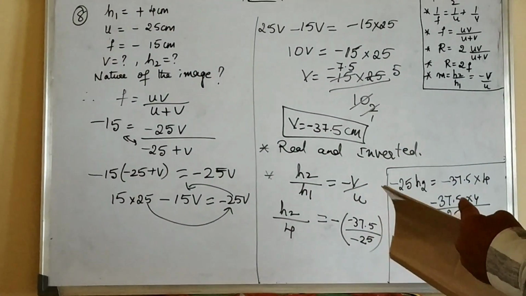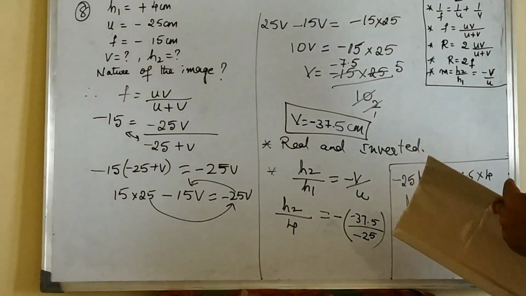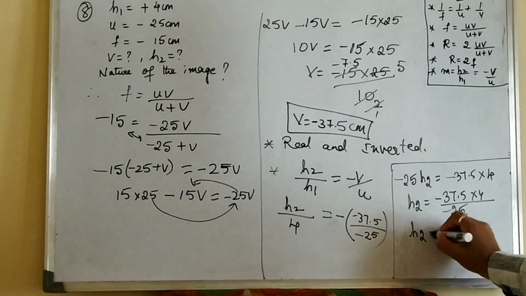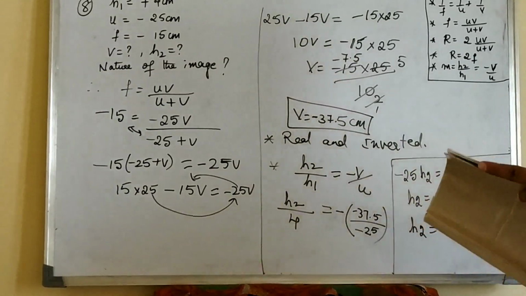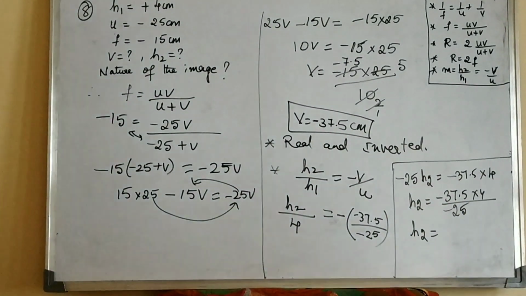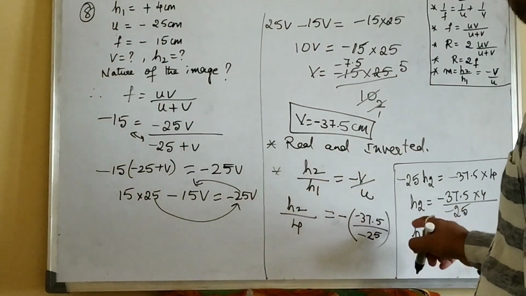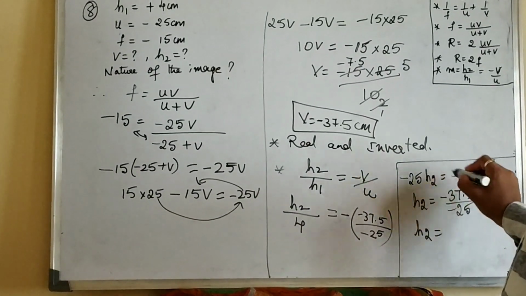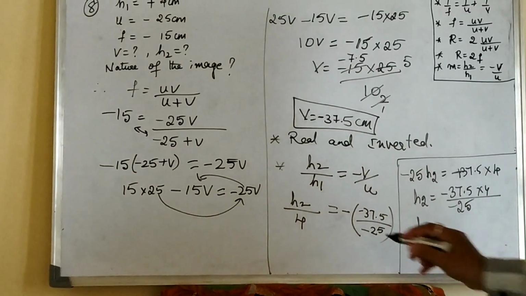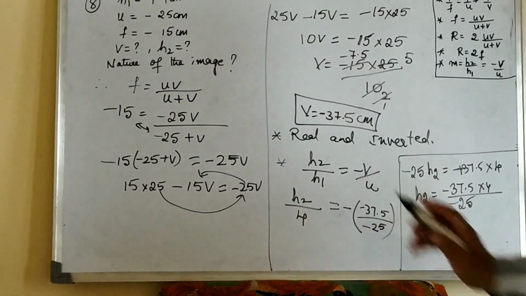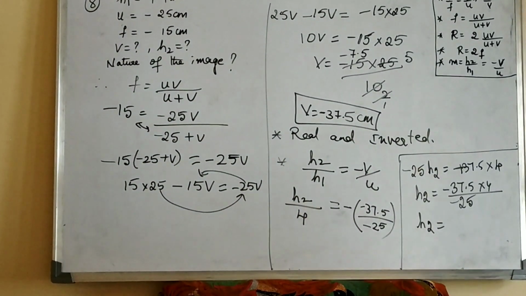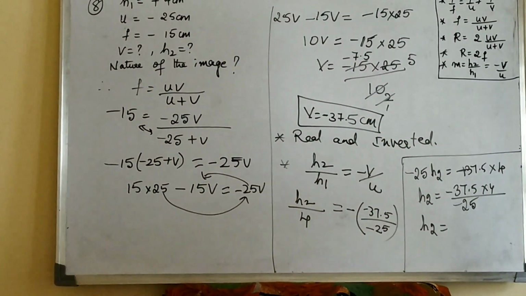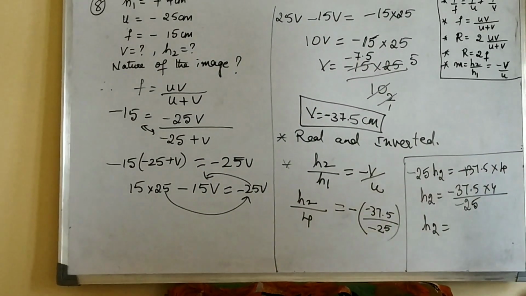If you simplify this, you will get minus this will be plus, plus 37.5 because minus of minus is plus. So minus 25 h2 is equal to plus 4 into 37.5.